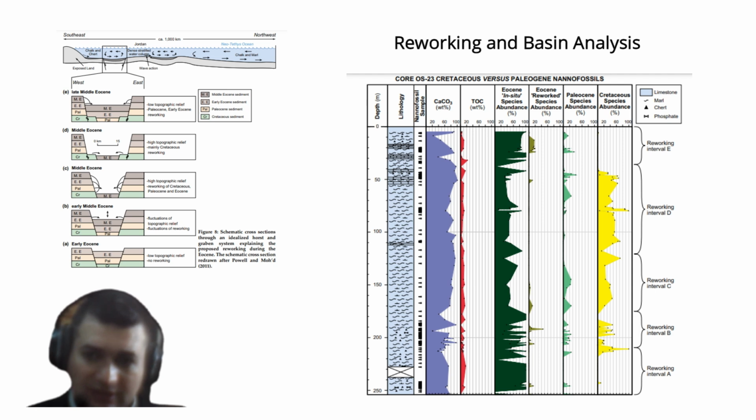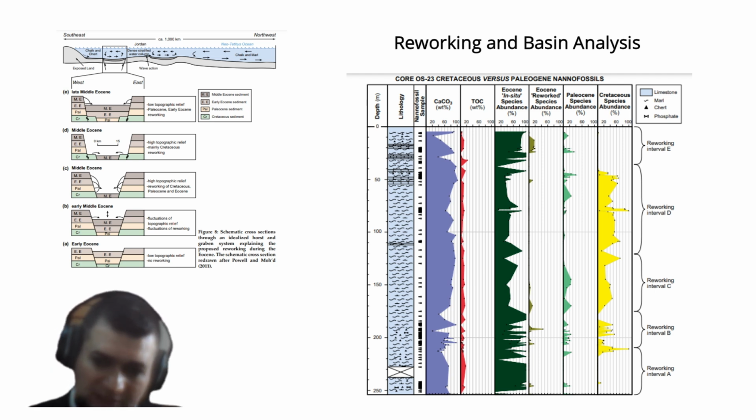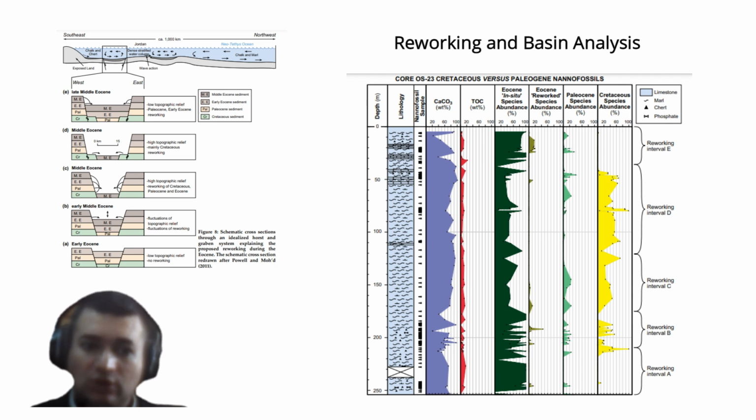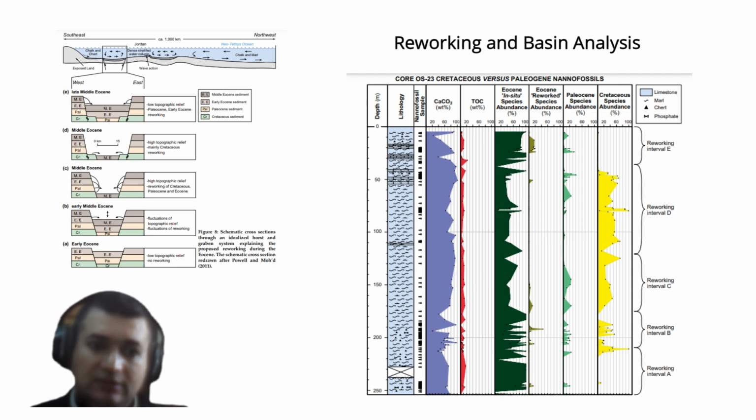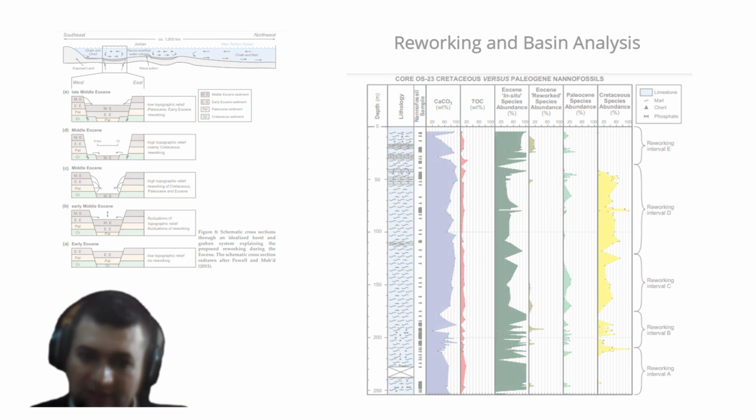At the end, in interval E, the relief is less pronounced again. So the depositional environment changed, the oil shale retreated, and finally there was no more working in the basins.